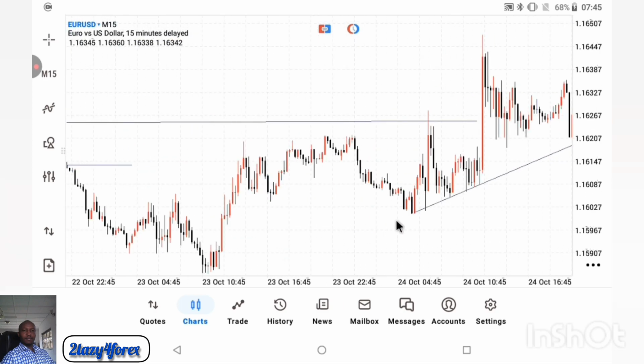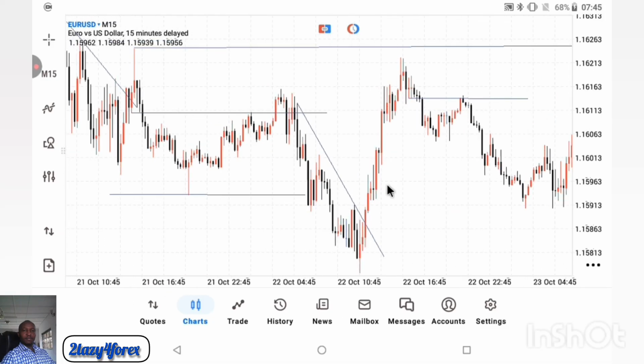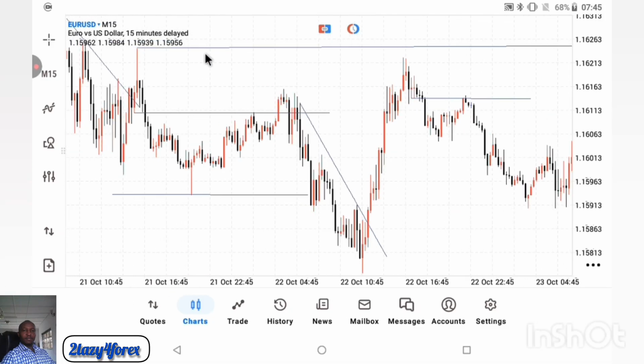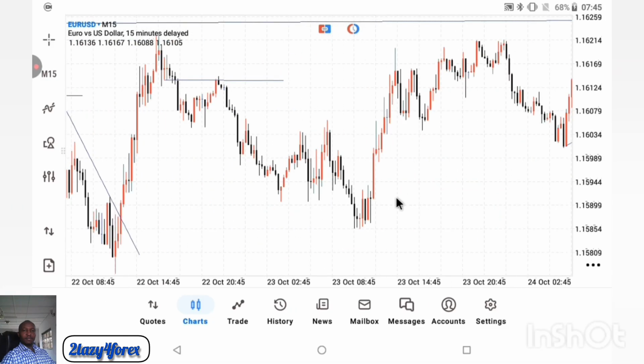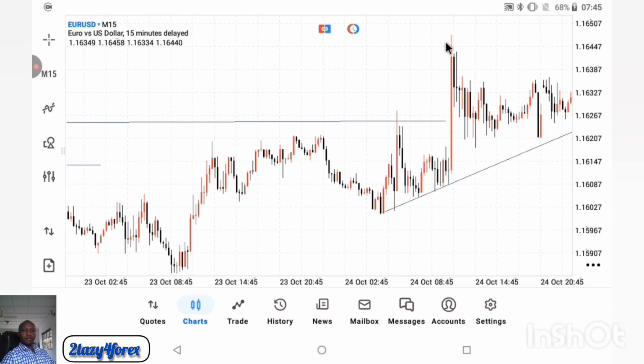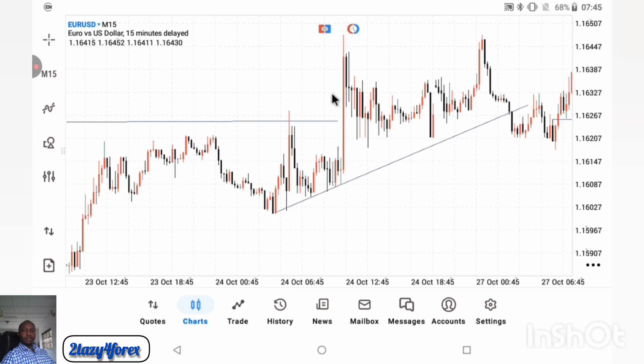Once price closes above it here, now I marked it just now, the confirmed high, so once price closes above it, that is a change of character according to this strategy. So now once you have a close above it, that's a change of character.